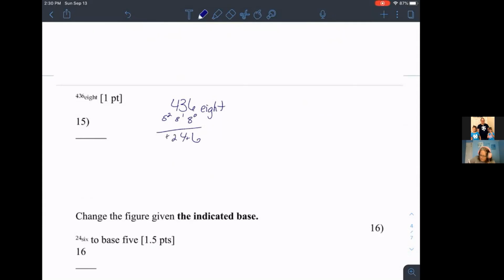Plus 64 times 4. 8 to the 2nd power times 4 is 256. So that would give us 286 base 10.